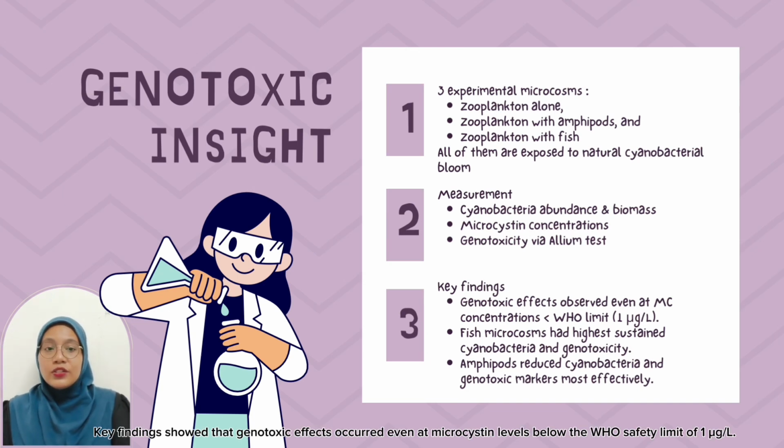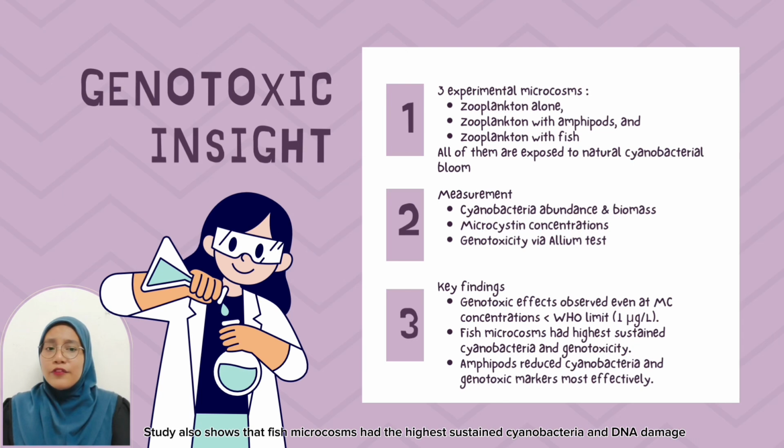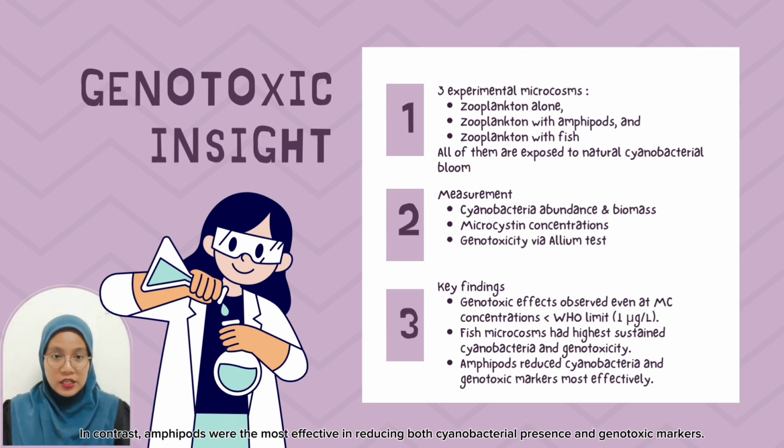Key findings show that genotoxic effects occur even at microcystin levels below the WHO safety limit of 1 microgram per liter. The study also shows that the fish microcosm had the highest sustained cyanobacteria and DNA damage. In contrast, amphipods were the most effective in reducing both cyanobacterial presence and genotoxic markers.